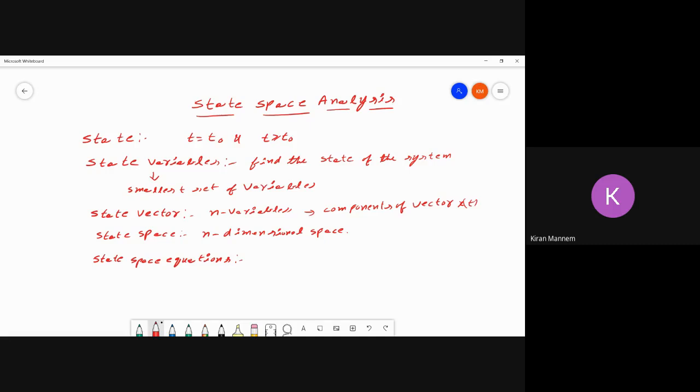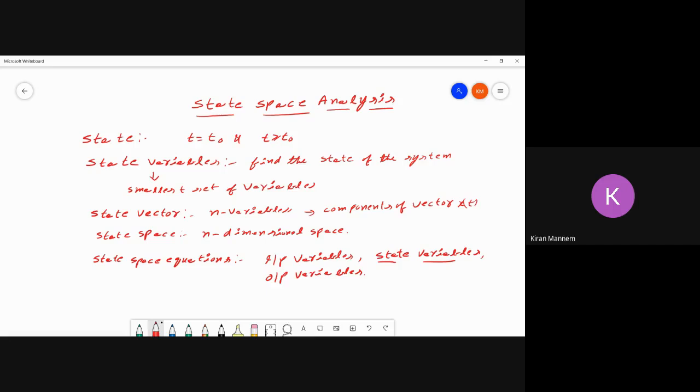So in the state space equations, we have three types of variables. The first one is input variables, the second one is state variables, and the third one is output variables. So far we have only had two variables, input variables and output variables. So we have one more variable, called the state variable, to find the state of the dynamic system.